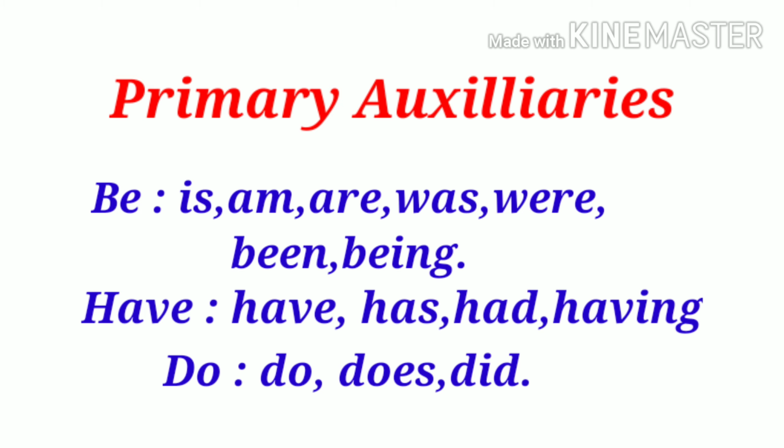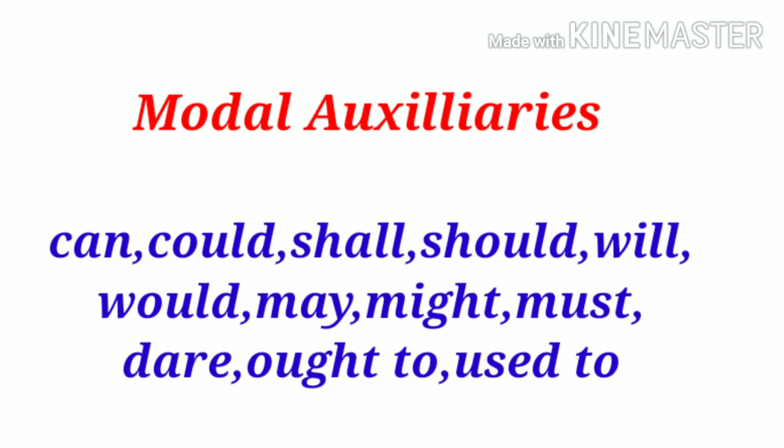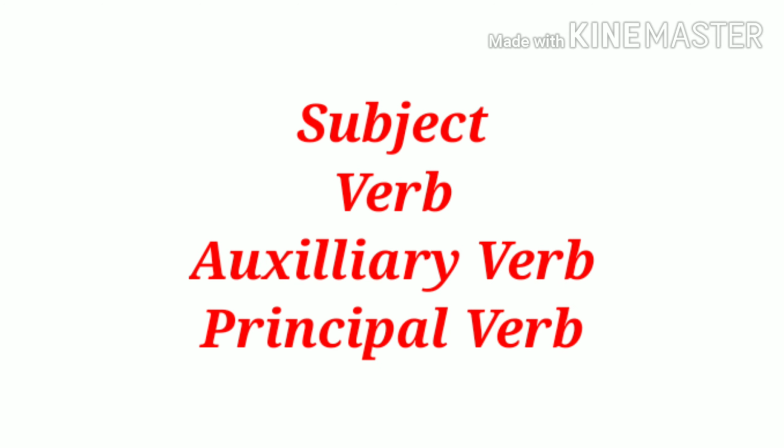These are the primary auxiliaries. And the modal auxiliaries are can, could, shall, should, will, would, may, might, etc. Okay, so you can also note it down in your copies because it might help you in future also. Part by part, I have discussed certain topics which will help you in understanding subject-verb agreement properly.